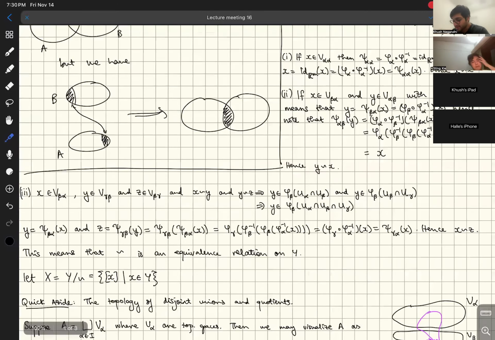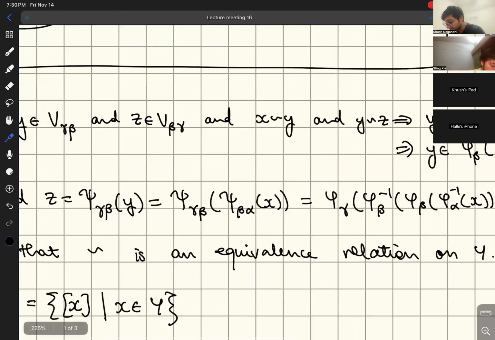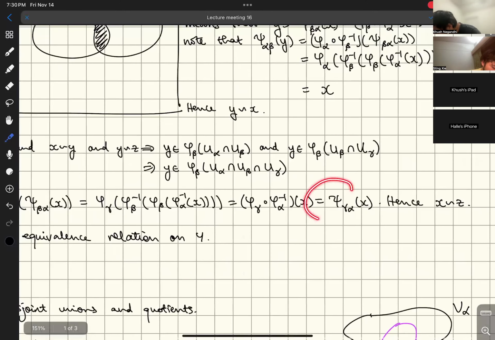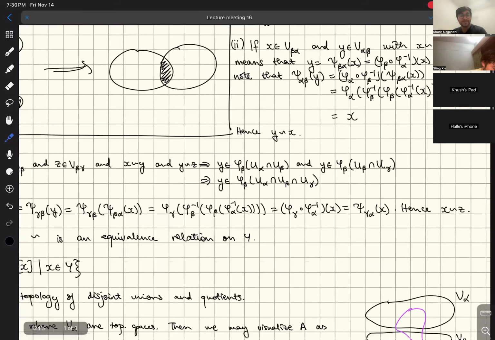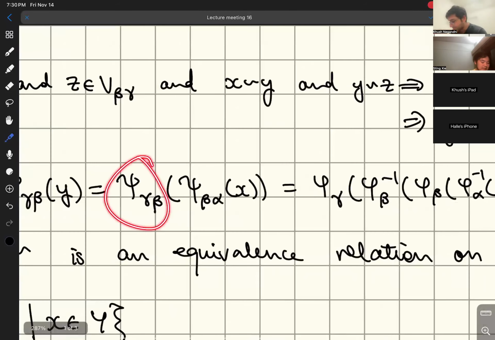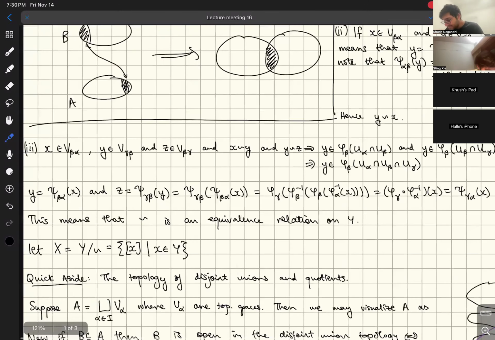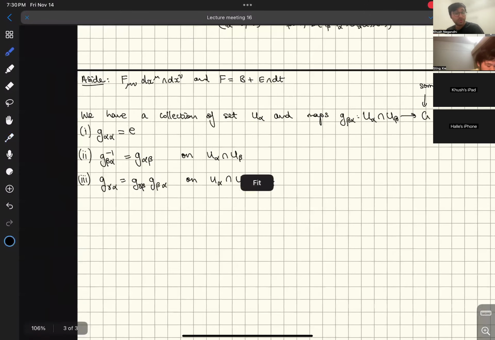And finally, to show that X equivalent to Y and Y equivalent to Z means X is equivalent to Z, we made use of the map psi gamma alpha, which happened to be a composition of psi gamma beta and psi beta alpha. These maps are called cocycles.